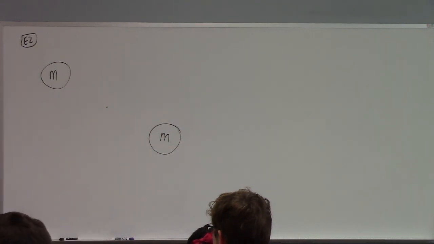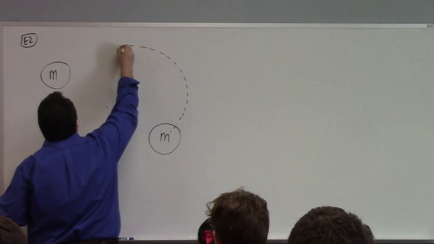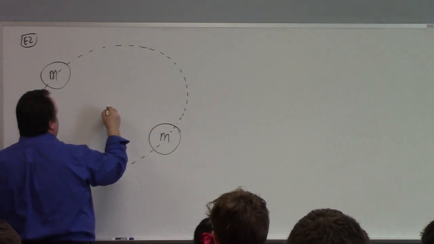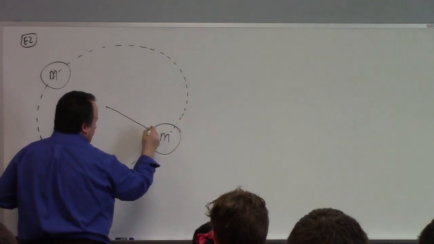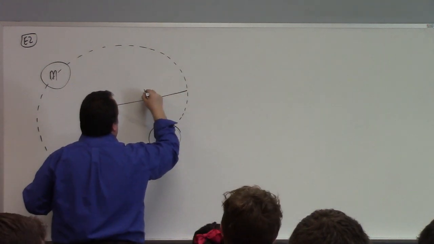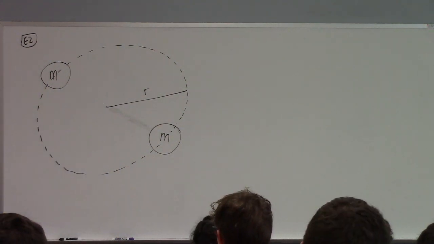And one possible configuration is you have a pair of equal masses that are orbiting in a circle around a common center point. So then the question is, how would the radius be related to the speed of the orbit here? What could we say?